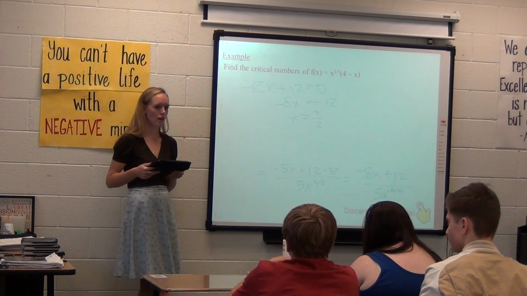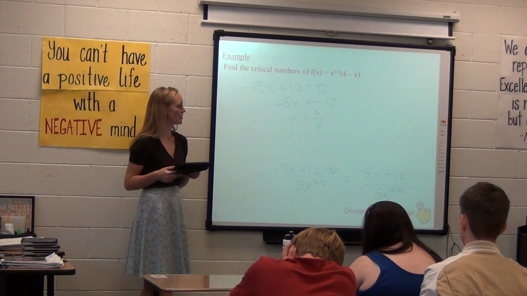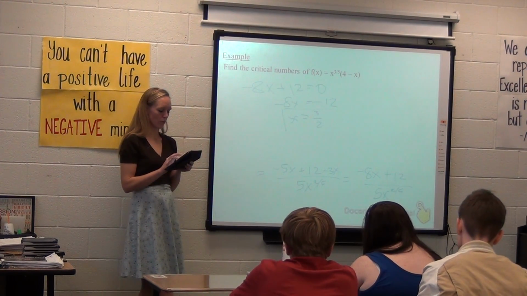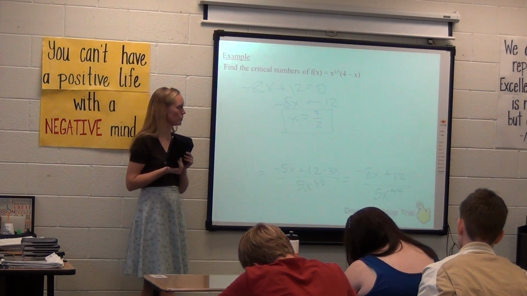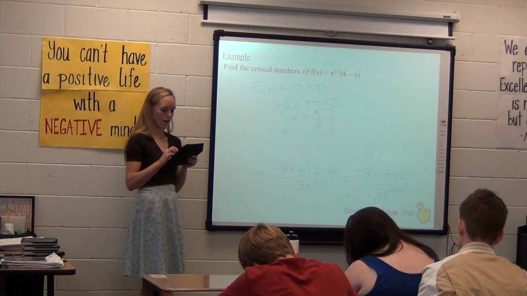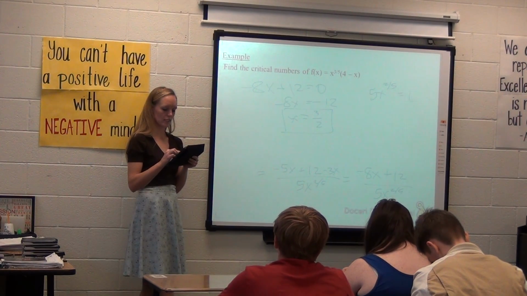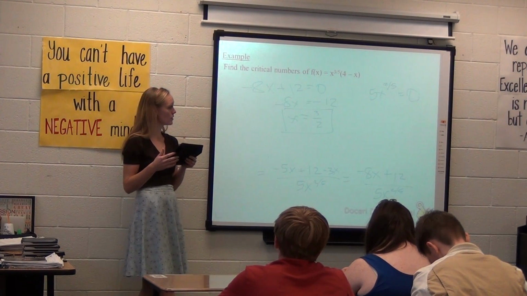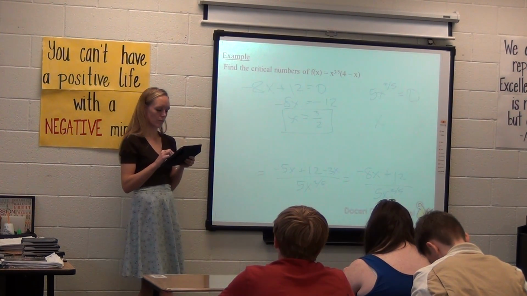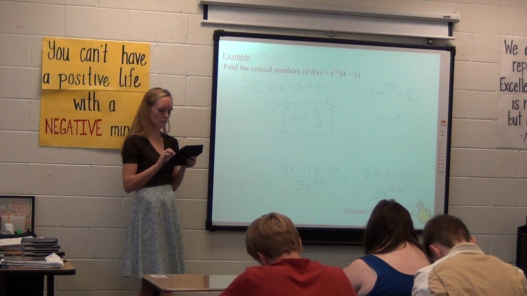Okay, so we have a critical point when x is equal to 3 over 2. And then we set the denominator equal to 0, and that's going to tell us when it doesn't exist. This happens when x equals 0.